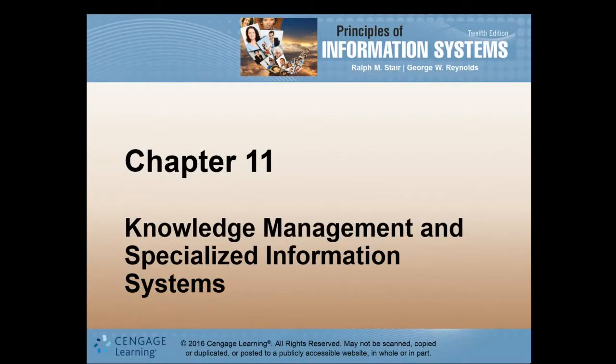In this session, I will explain chapter 11, knowledge management and specialized information systems. From previous chapters, we already know that there are many potential benefits of information systems in organizations to achieve business objectives.